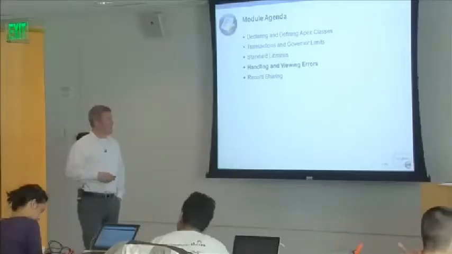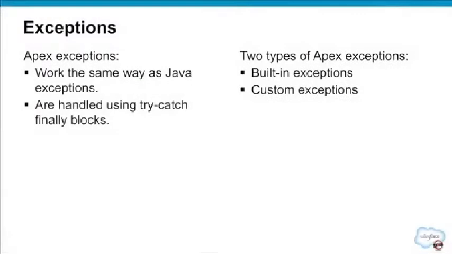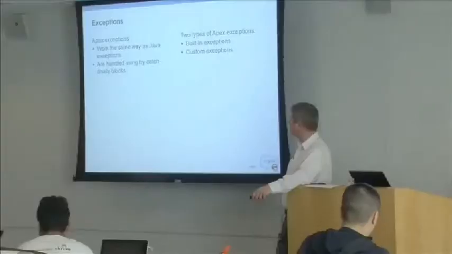So that's the current context of the transaction. Handling and viewing errors. Okay, so exceptions. Apex has the classic exception handling functionality with things like a try, catch, finally block. You wrap a risky operation in a try, you can catch exceptions, and then the finally always executes.